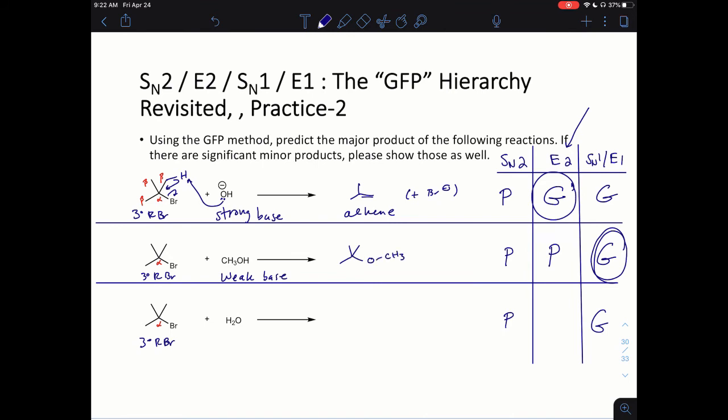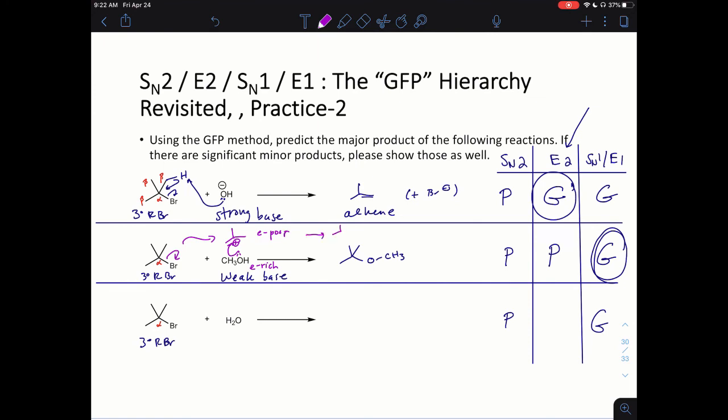Let's go ahead and do the mechanism because we're still just getting used to SN1/E1. So we have heterolysis to form the tertiary cation. That's our electron-poor species. Methanol is a weak base and weak nucleophile, but the carbocation is really reactive, so it does donate electrons to it.